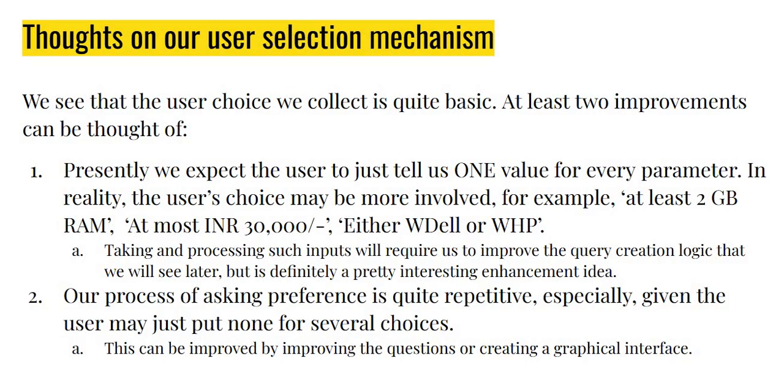Before I wrap this up, however, let me just highlight that this mechanism of choice that we are collecting is actually quite basic, and I can think of at least two improvements. Number one, presently we are expecting the user to just tell us one value for every parameter. In reality, the user's choices may be more involved because, for example, somebody might say, look, I need at least 2 GB of RAM.